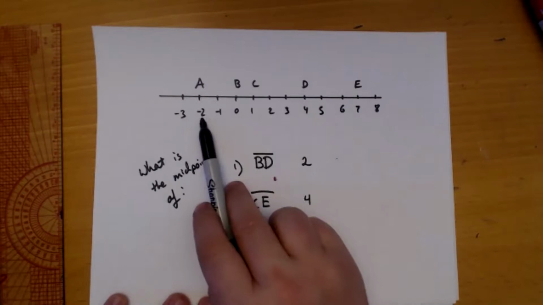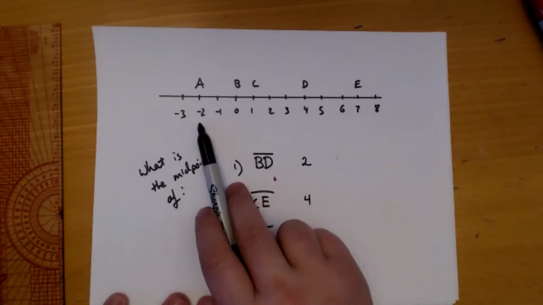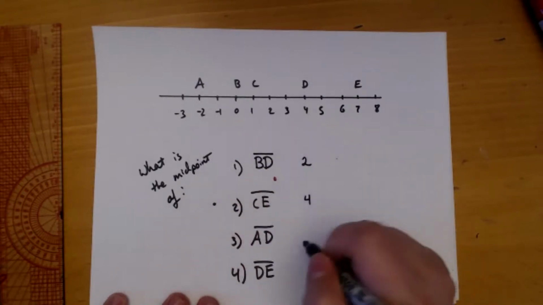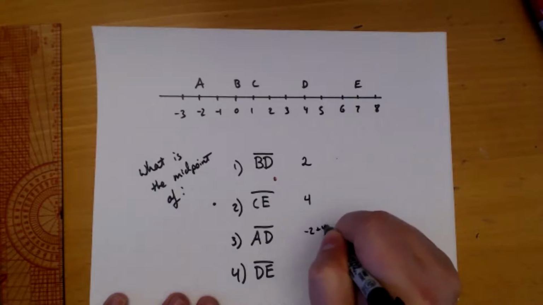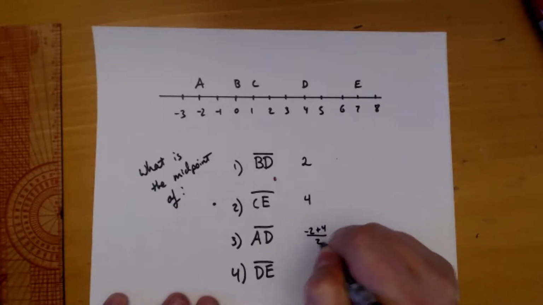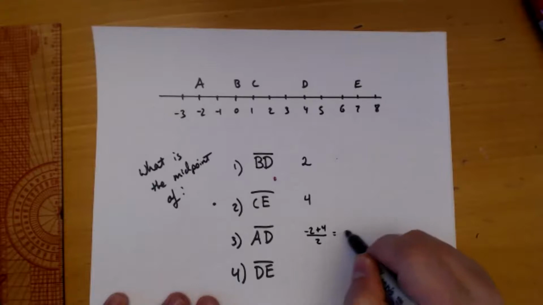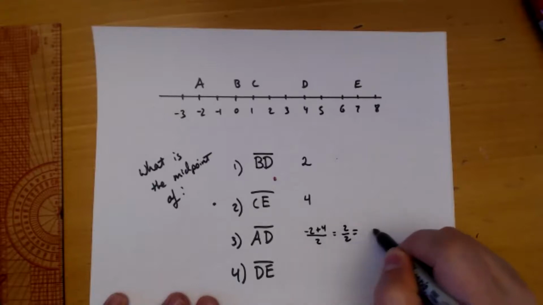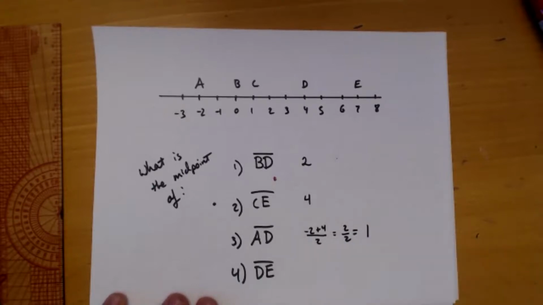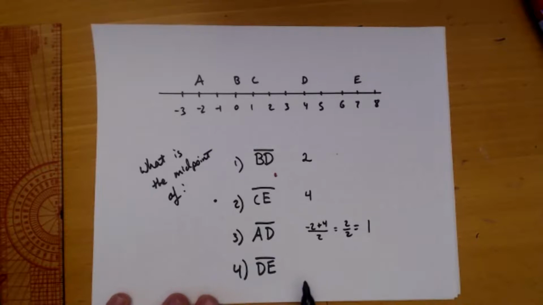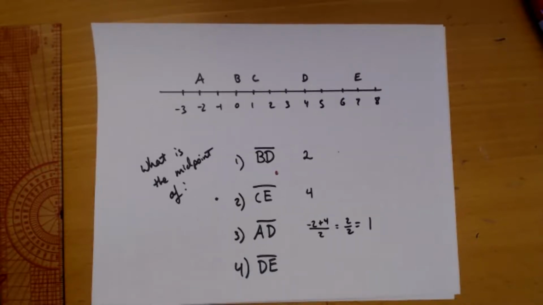If I'm dealing with A and D, it's -2 plus 4, which is 2. Okay. And do number 4 without my help and put it in the private chat.